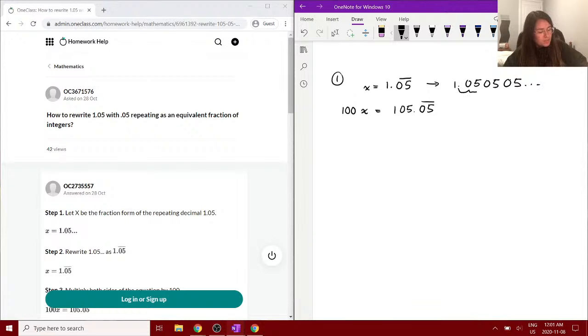So when you move the decimal twice to multiply by 100, you still have the repeating decimal at the end. So it's still 0.05 repeating.